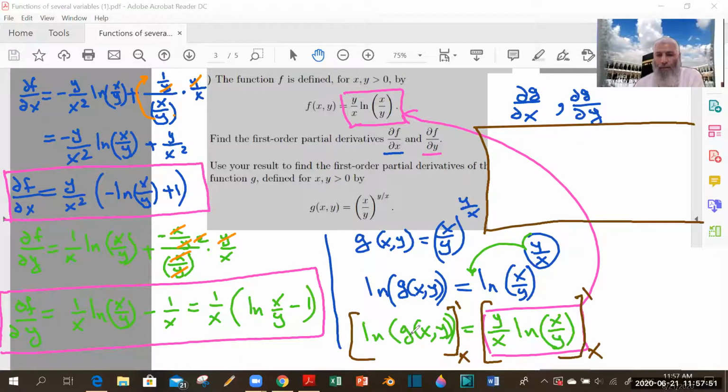The derivative of ln is what? It is 1 over the bracket, which is g of x, y, right? Yes, 1 over the bracket and the derivative of the bracket. What is the derivative of this bracket? It is dg over dx with respect to x. The derivative of the function with respect to x is dg over dx, right?